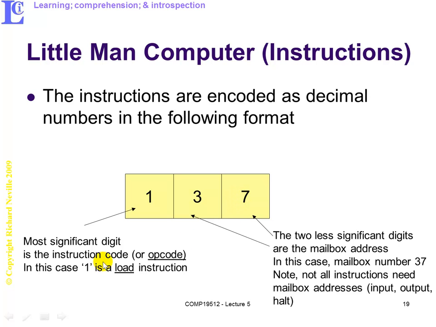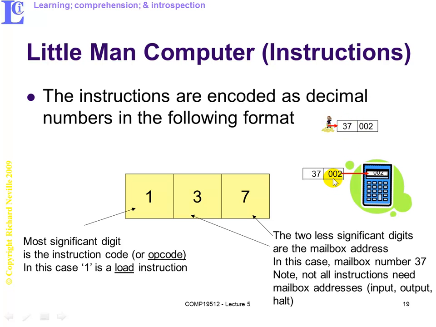This one, as it's a load, needs to know where to load from into the calculator, and the mailbox to load from is 37. So this instruction goes to mailbox 37, takes the value on the slip of paper at that mailbox address, and copies it into the calculator, and the data on that sheet of paper is 002. After the instruction, 002 is placed in the register in the calculator.